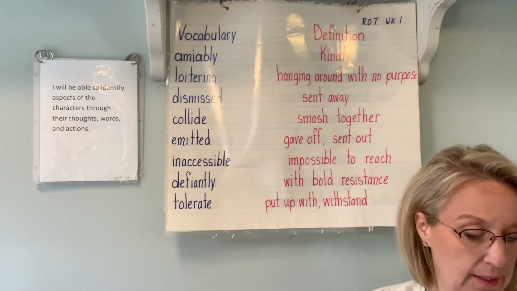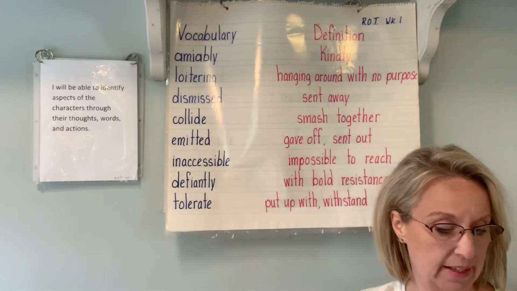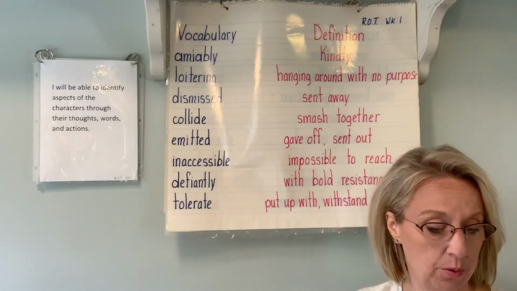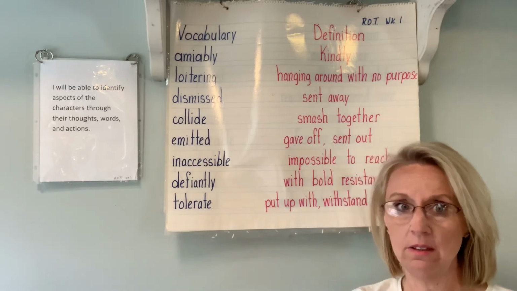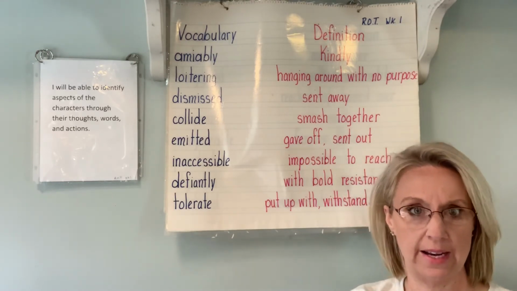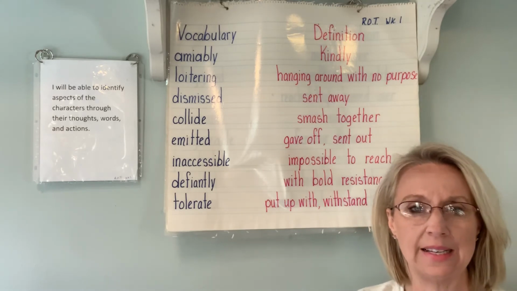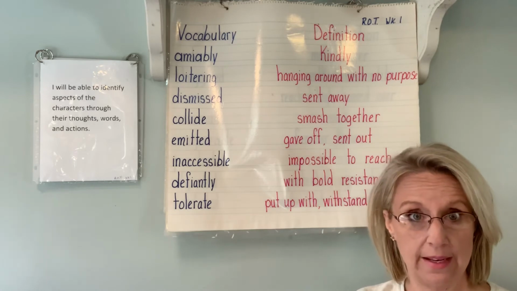And I'm looking at number 4, and we've not really done a lot with mood. And it says, which of the following describes the mood at the end of this section? Mood is the feeling that you get while you're reading something. And it's how the author kind of sets the story at that moment.